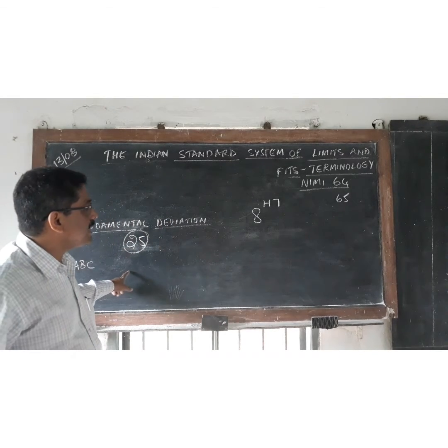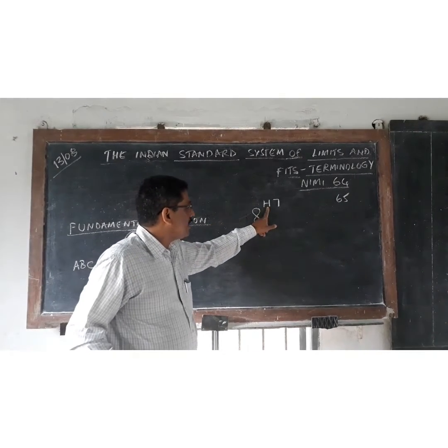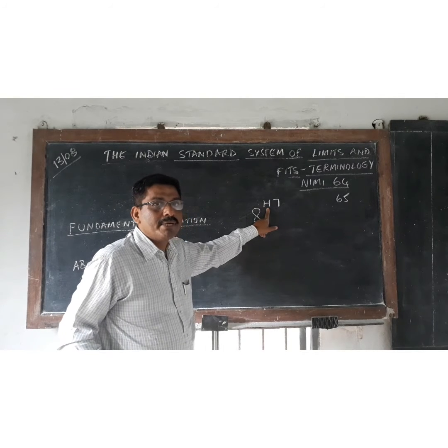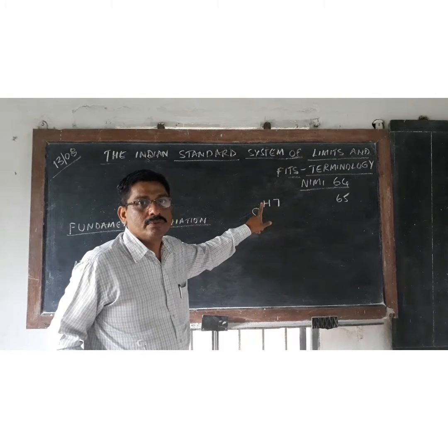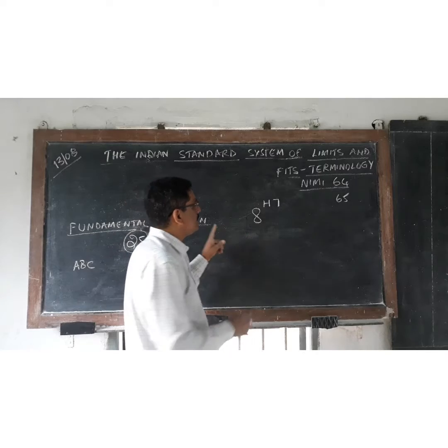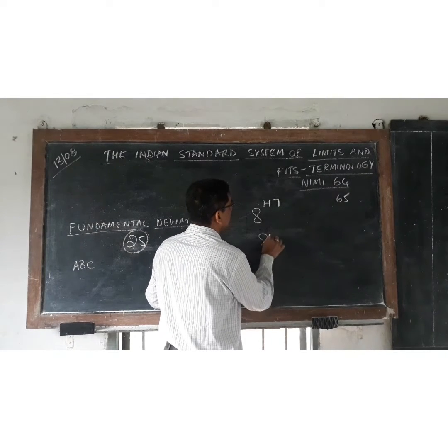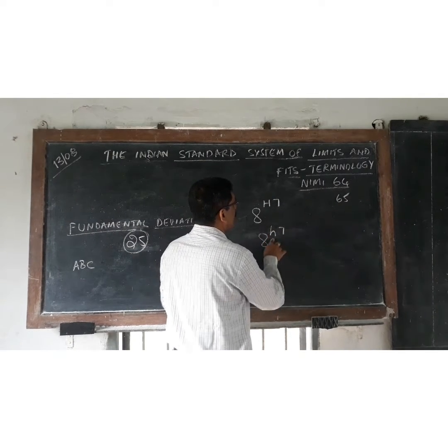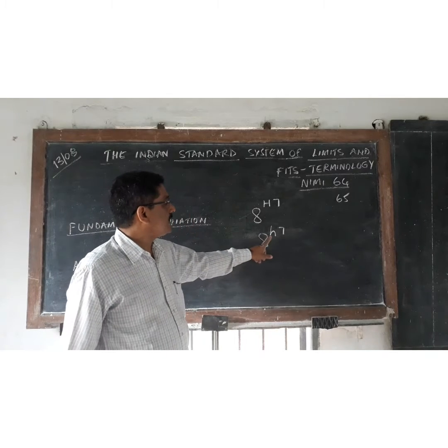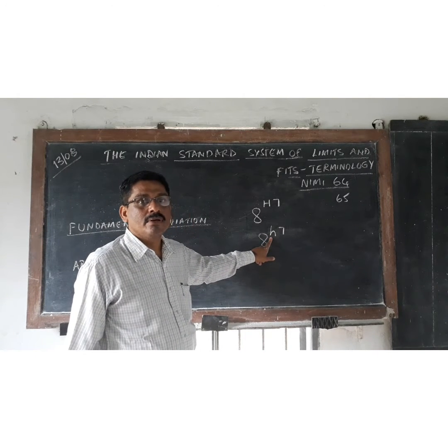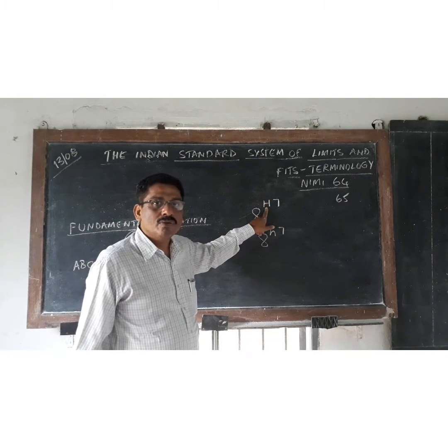One more thing to keep in mind: all the capital letters are for hole, and all the small letters are for shaft. So H7 small becomes for shaft.